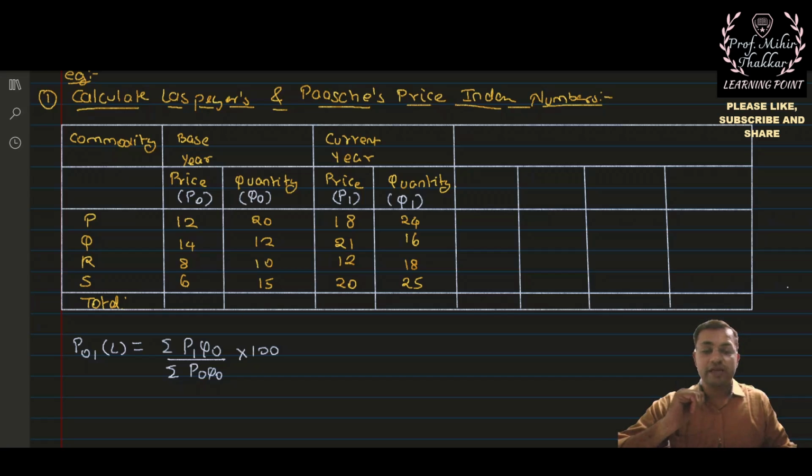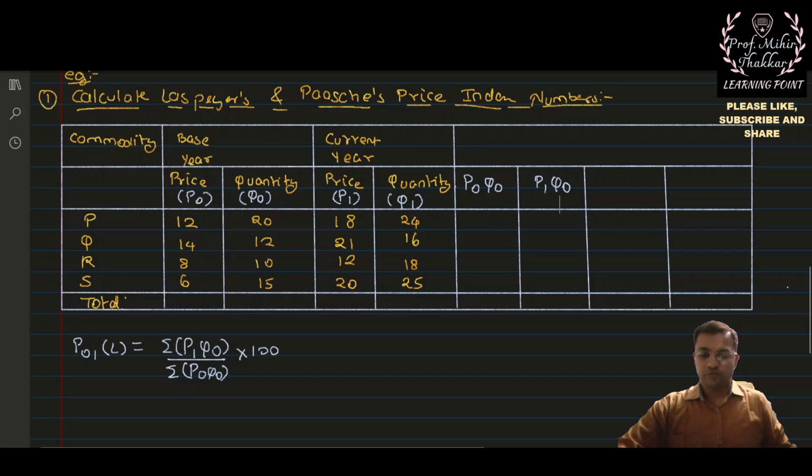So the formula that I get is summation P1 Q0 upon summation P0 Q0 into 100. So guys, for this particular formula, I have to make two extra columns, P0 into Q0 and P1 into Q0. So P1 into Q0 is for the numerator and P0 into Q0 is for the denominator.